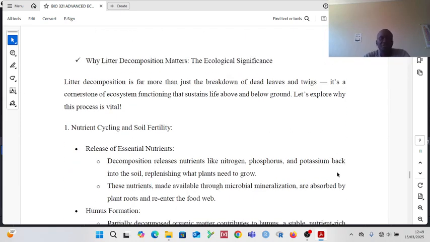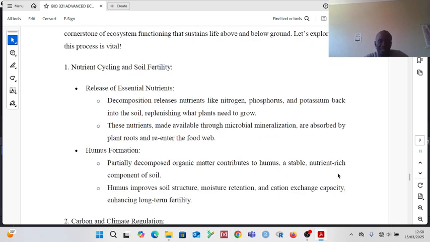So why is litter decomposition important? Why does it matter? Or which ecological significance does litter decomposition play? Which role does it play in an ecosystem? So one is nutrient cycling and soil fertility. Through decomposition, nutrients will be released into the ecosystem. So that is important.